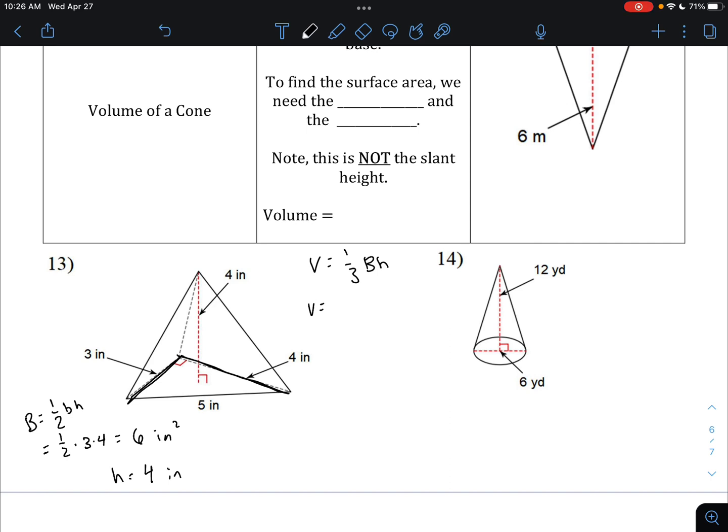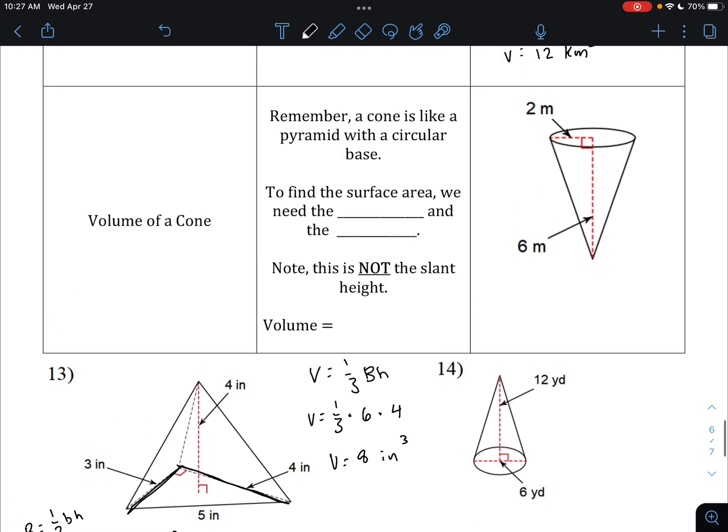Volume equals 1/3 times the area of the base, which is 6, times the height, which is 4. We can also do this one by hand without a calculator. 1/3 of 6 is 2, and 2 times 4 is 8. So our total volume is 8 inches cubed.